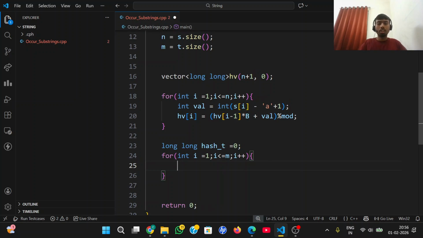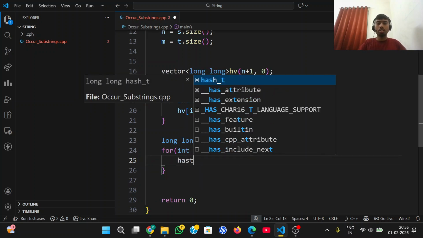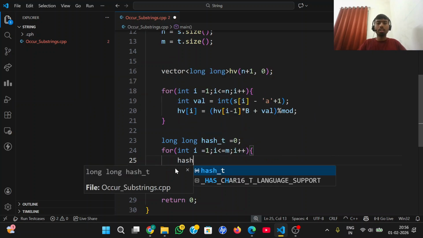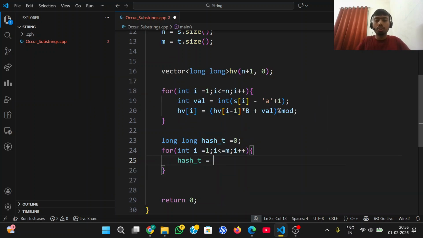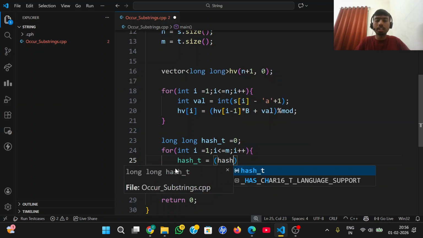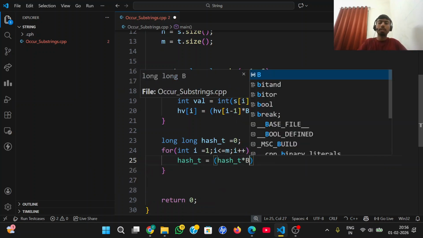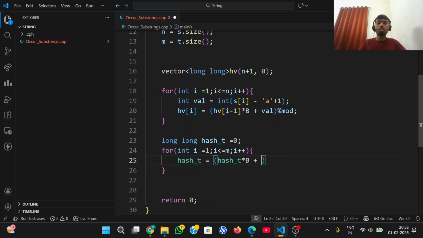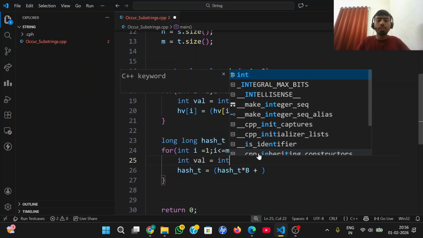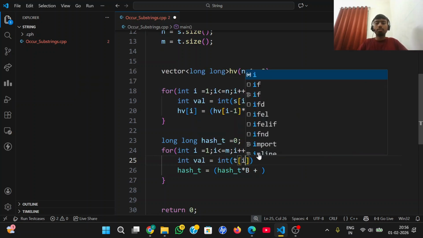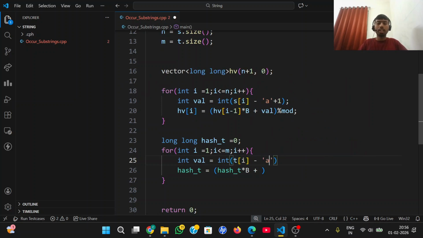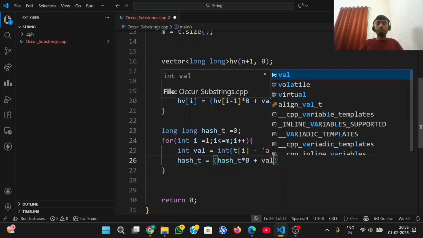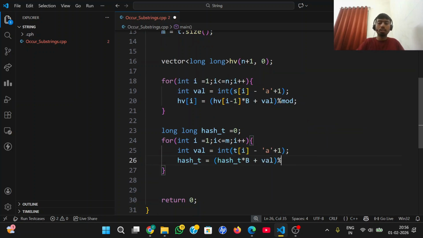So hash of t is equal to previous hash of t multiplied by b plus int val is equal to int of t of i minus a plus 1. Then put val here and take the modulus operation.